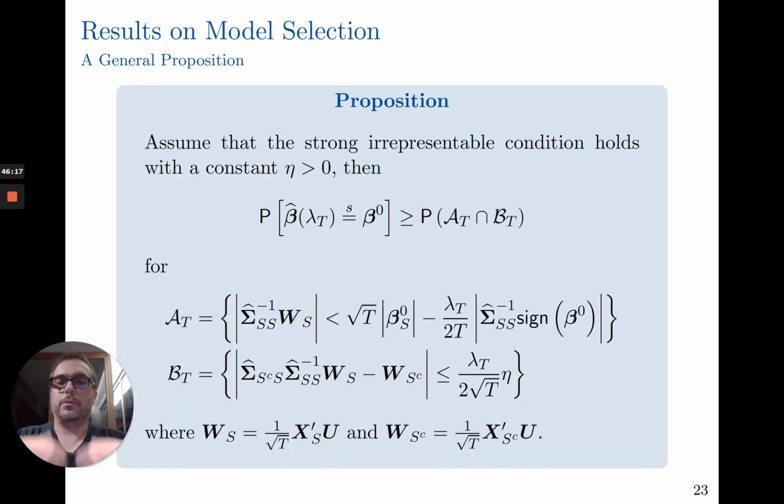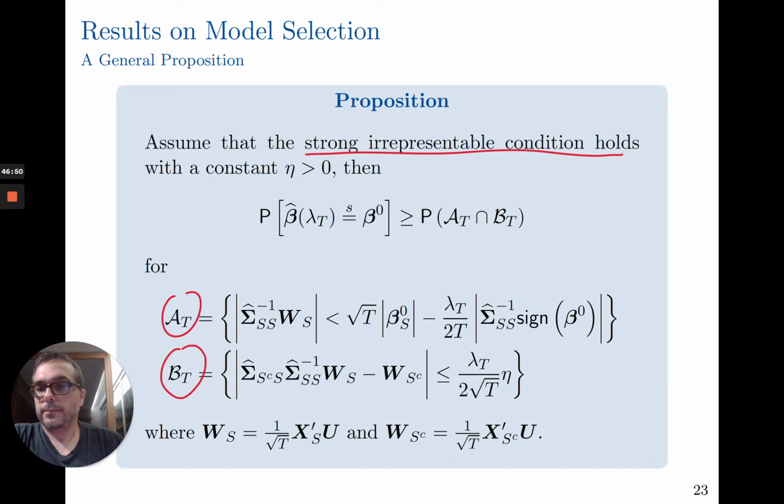And we can use that. How do we derive these conditions? Basically, we show that if the strong irrepresentable condition holds, okay, the probability of our estimator beta hat being sign equivalent to beta naught will be larger than the probability of two events, and the events are these two ones here. So we want to make this pretty high.